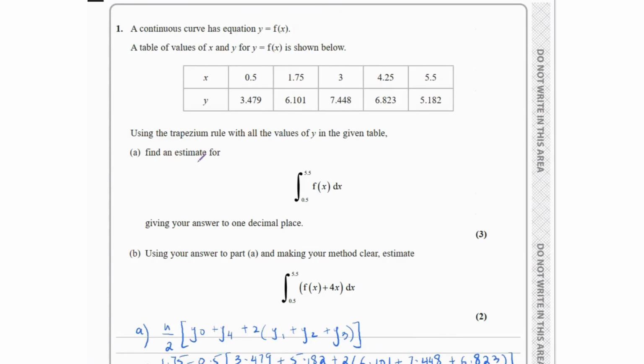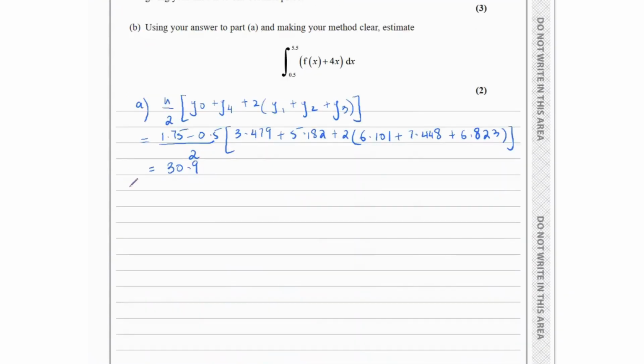Then it says using your answer to part A and making your method clear, estimate the integral of f of x plus 4x from the limit of 0.5 to 5.5. So now the equation is the integral from 0.5 to 5.5 of f of x plus 4x dx.